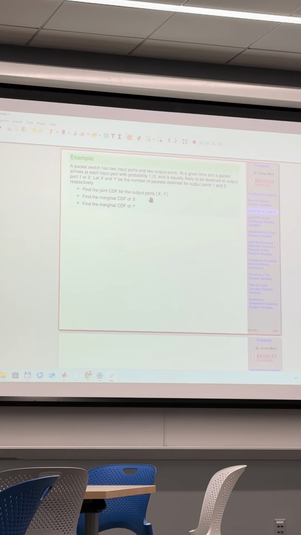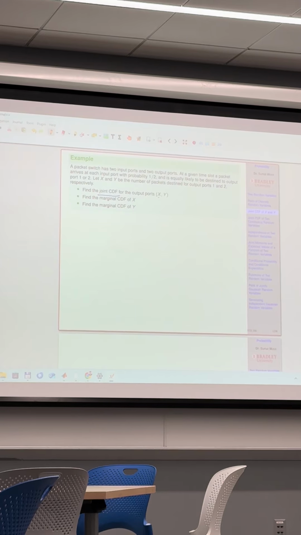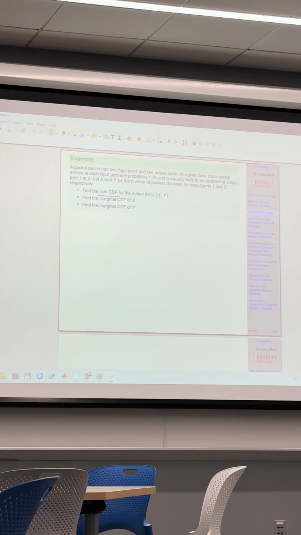Let x and y be the number of packets destined for output port number 1 and output port number 2, where random variable x and random variable y represent the number of packets destined for output ports 1 and 2 respectively. Find the joint CDF for the output ports represented by the random variables x and y.